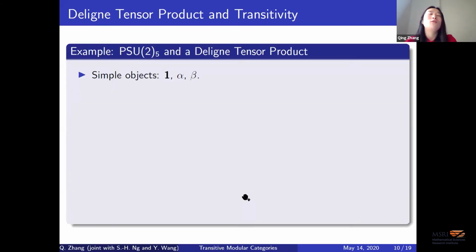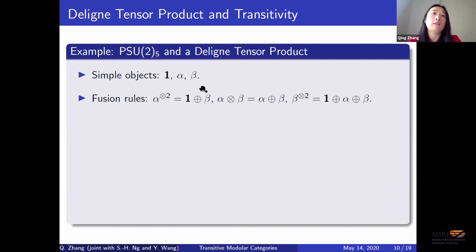So let's take a look at our second example, which is PSU2 level 5. It is a subcategory of SU2 level 5. It has 3 simple objects, 1, alpha, and lambda. The non-trivial fusion rules are given as follows. Notice here that either alpha or beta can tensor generate the whole category.